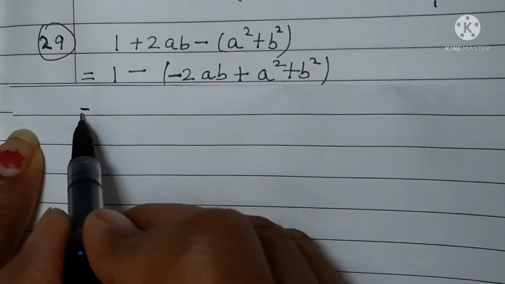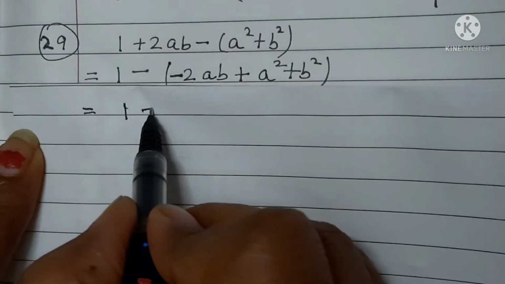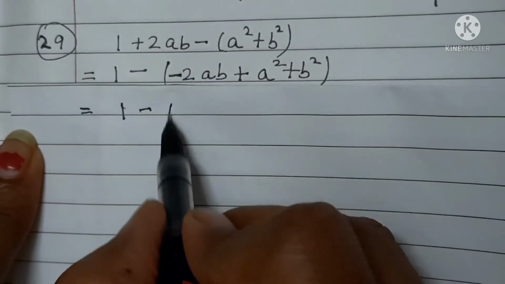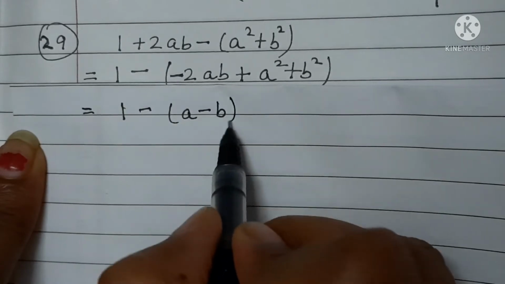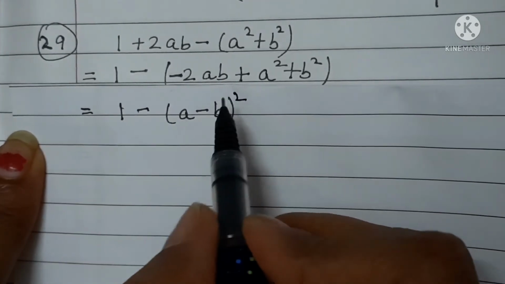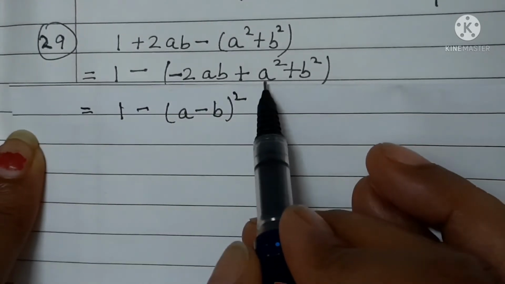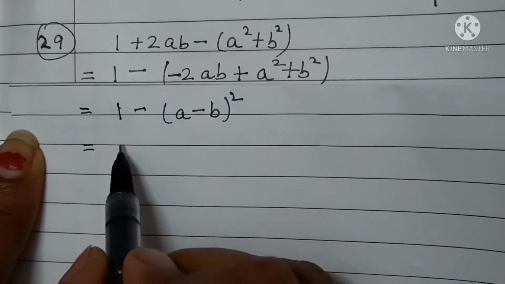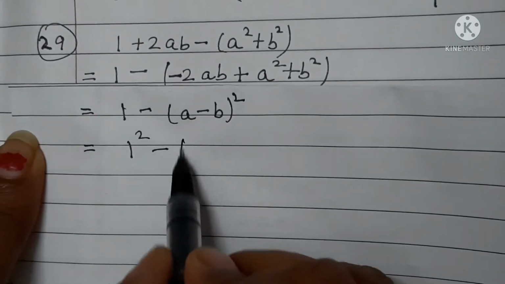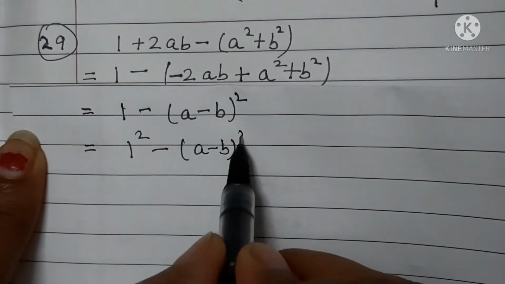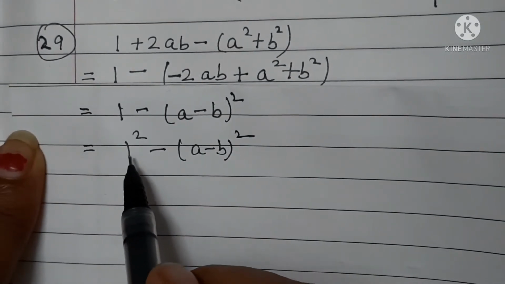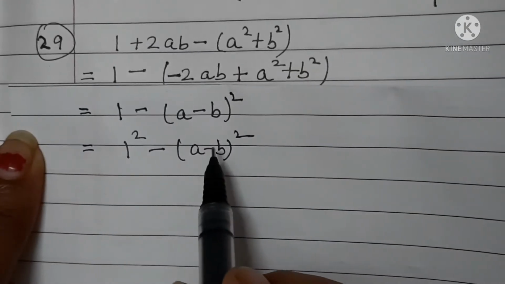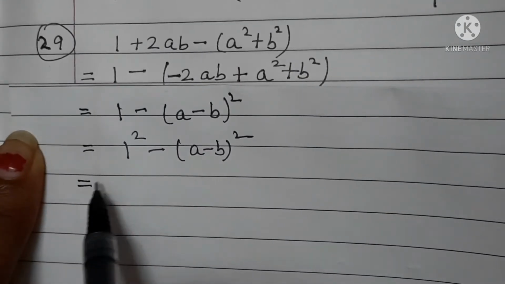So write down here 1 minus a minus b whole square, because a square plus b square minus 2ab. So write it like this, 1 square minus a minus b whole square, and use the identity a square minus b square, means a plus b and a minus b.